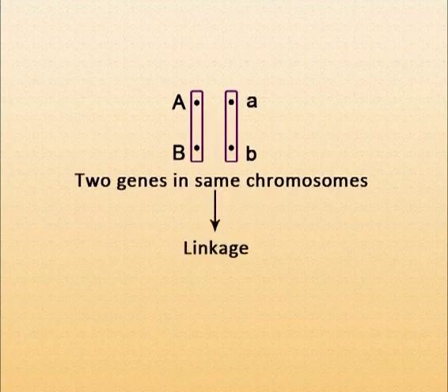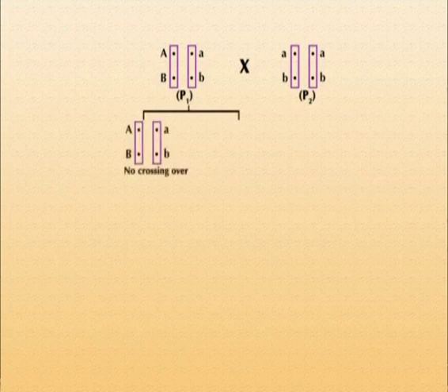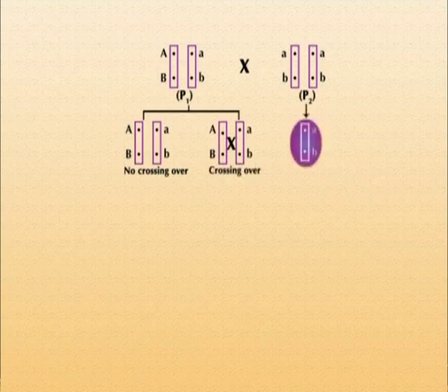Now, in another situation, suppose that the genes A and B are present on the same chromosome. During a test cross, the homozygous recessive parent will produce only one type of gamete, that is small ab type, whereas in parent 1, the formation of gametes will depend upon whether crossing over takes place or not. If crossing over takes place, recombinant gametes are produced, but in case of no crossing over, parental types are produced.